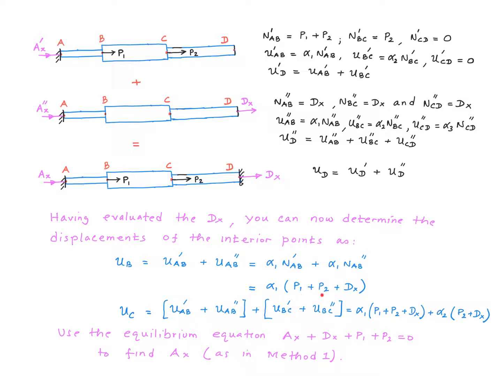And that simplifies to this. Similarly, the displacement of point C is the deformations of AB from problems 1 and 2 and the deformations of BC from problems 1 and 2. And that simplifies to this. Now, like we did in method 1, you use the equilibrium equation to find the reaction AX. That's it, we have solved the entire problem.